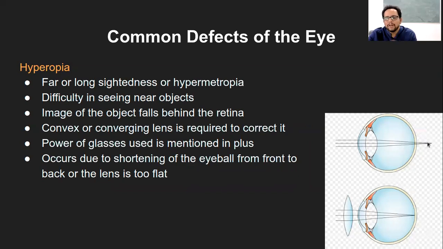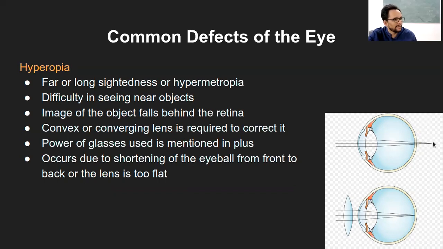Now again, this is not that the image is formed beyond the retina. These are imaginary points. Like, the focal point is not always real. It can be virtual in some cases. So the light rays just reach up to this level, but the focal point is beyond the retina.